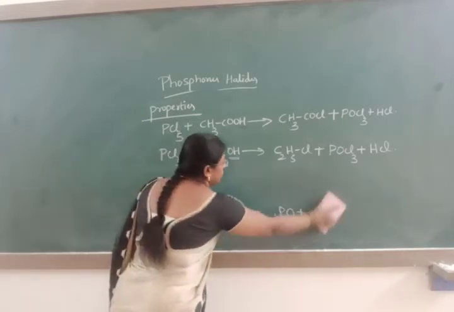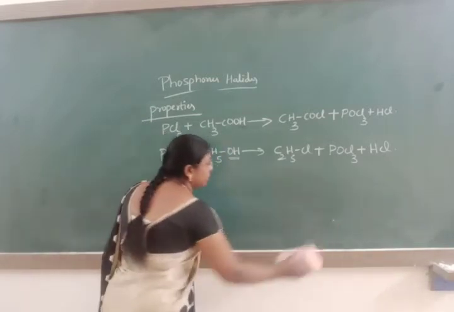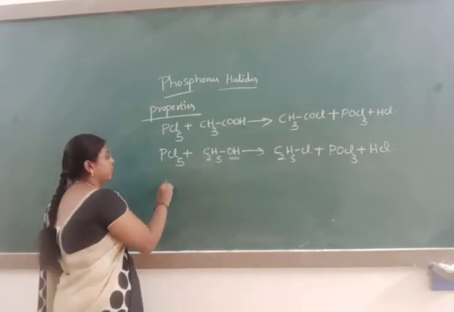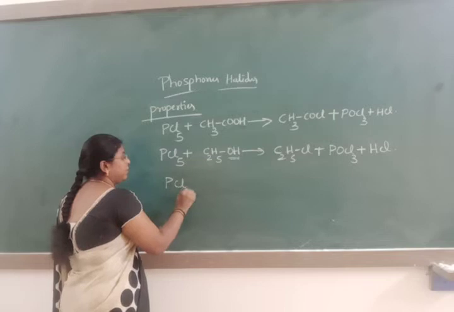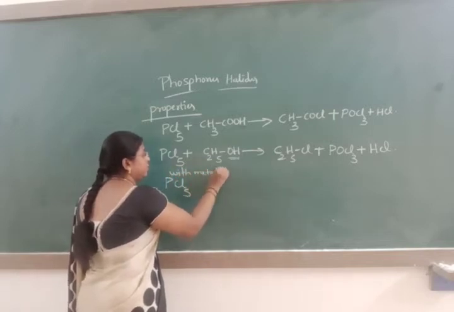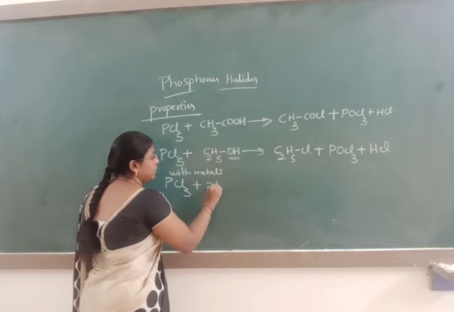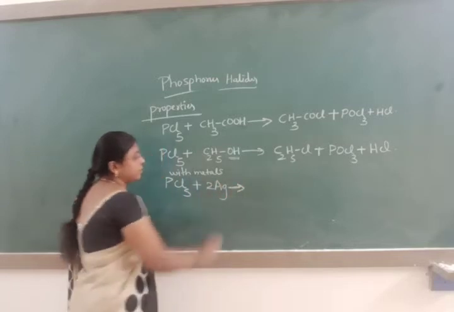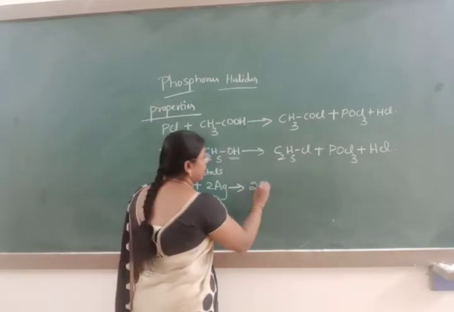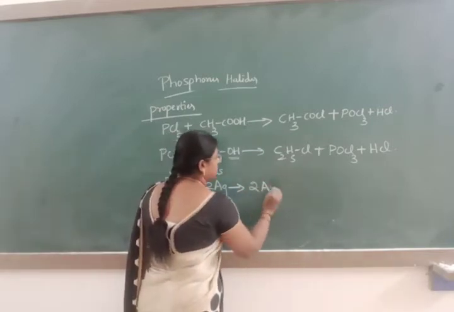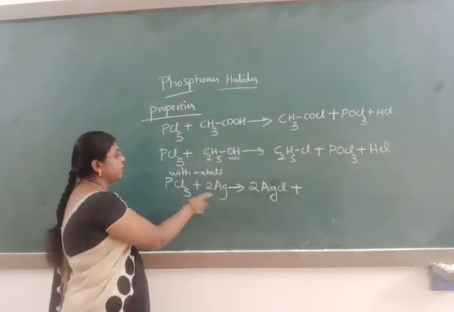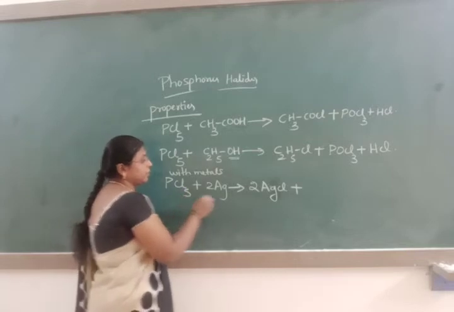Next, PCl5 reacts with some metals like silver as well as tin. When PCl5 reacts with metals like silver, it forms AgCl, that is silver chloride, along with PCl3.